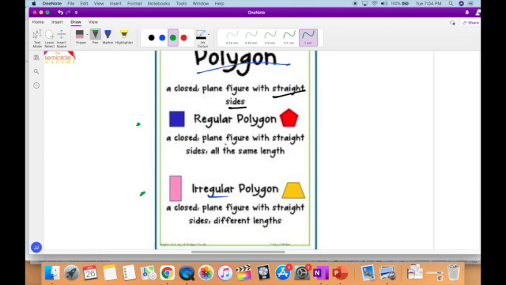It is a closed plane figure, it has straight sides. A regular polygon has all the same lengths, so each side has the same length. That is a regular polygon. An irregular polygon, each side does not have the same length. They have different lengths.